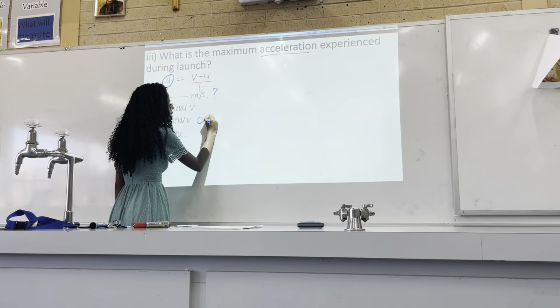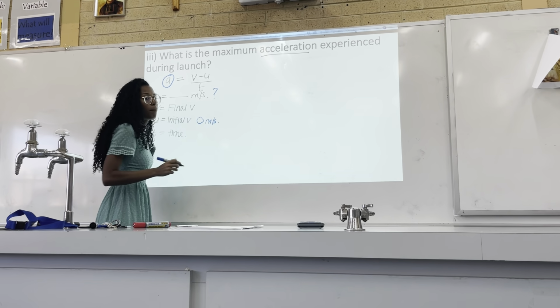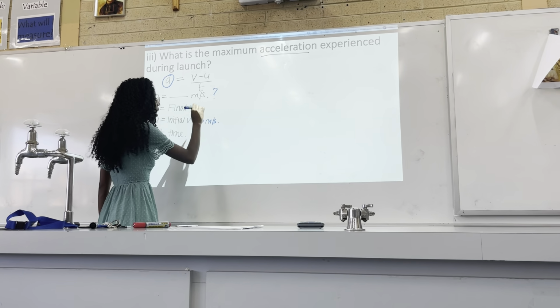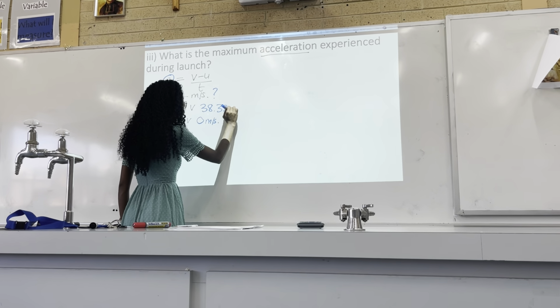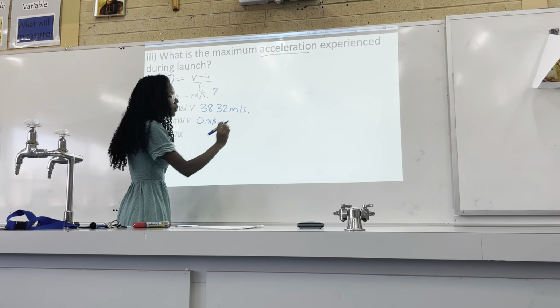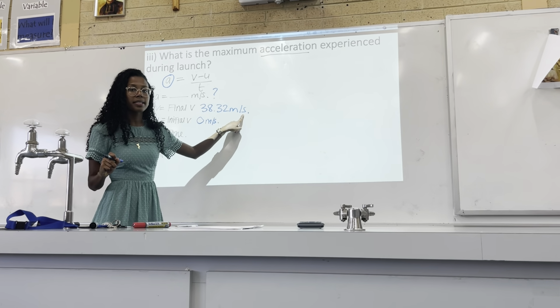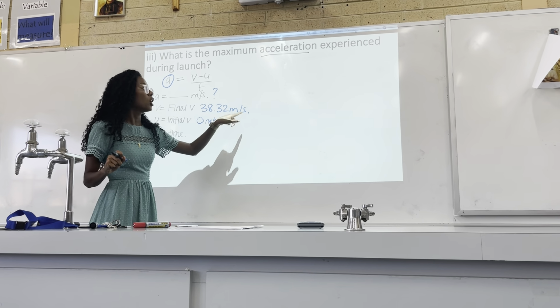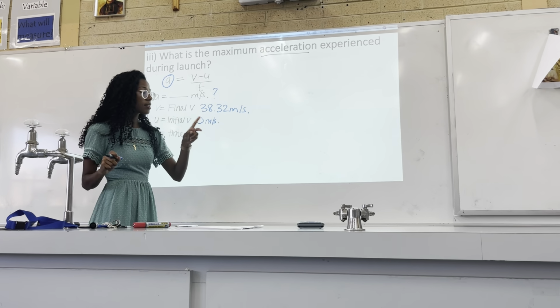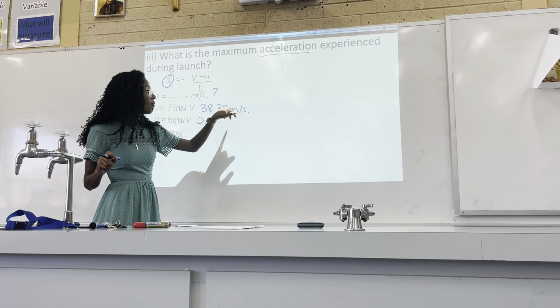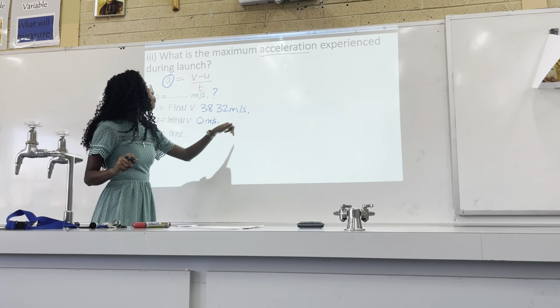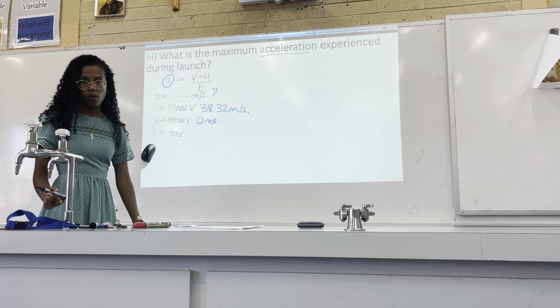So U is 0 meters per second, but V is now actually 38.32 meters per second. Now you might recognize this number. This is the number I've been using for my U in the last 2 questions, but now it's actually my V. That's the maximum velocity it will reach before it starts to fall, okay?